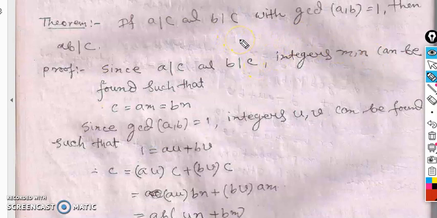Say A is 10. 10 is a divisor of 90, as well as 30 is also a divisor of 90.